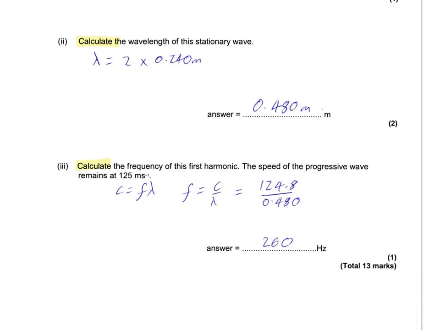Rearrange that, dividing each side by lambda. f is c over lambda, therefore I've got the wave speed. I'm going to use the full value I calculated, 124.8 divided by 0.480, and that works out as 260 hertz. So that's the Waves homework booklet, question 11.